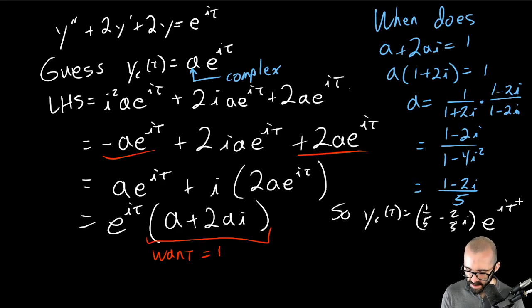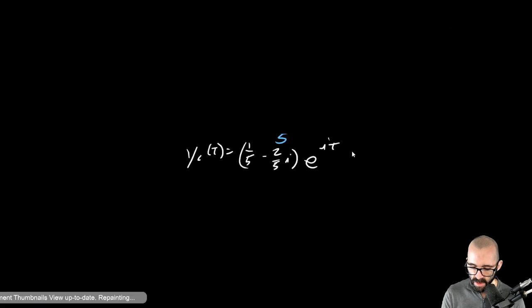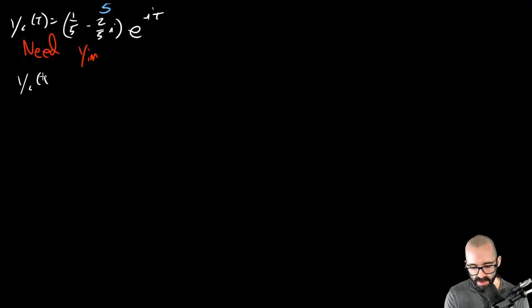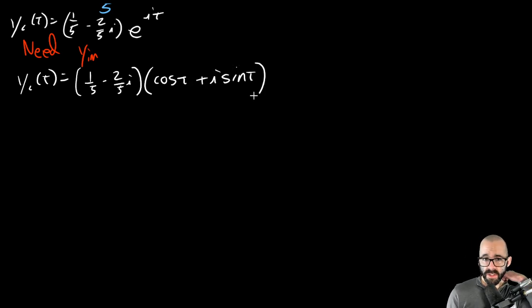So let's do that. What's the imaginary part of this? Oh, well, it's not obvious. It's not obvious because we have this e to the it, but don't worry. It's just one Euler's formula and a little simplification away. So we could rewrite this as 1/5 minus 2/5 i times cosine of t plus i sine of t. Now I'm going to do things in a little shortcut. You could FOIL this all out and be very careful, and I would love that.